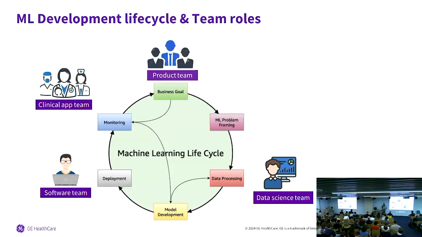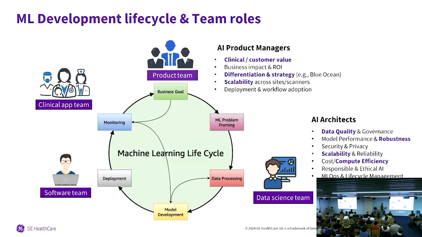Again, these teams answer a lot of questions. From a product standpoint, what are my clinical and customer needs, and how would I like to differentiate from other vendors? Should I go for a direct PET reconstruction because no one has done it, or go a more conservative way? And what is the return on my investment?